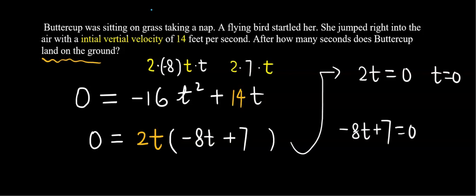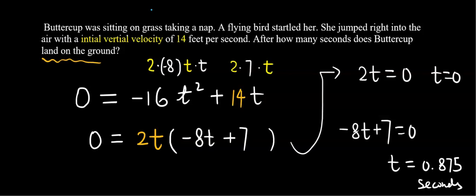We're going to solve for t: minus 7 on each side, then divide by negative 8 on each side. I ran out of space, so I will just go ahead and write down what we have for t. We have t is 0.875. Remember, that's seconds.